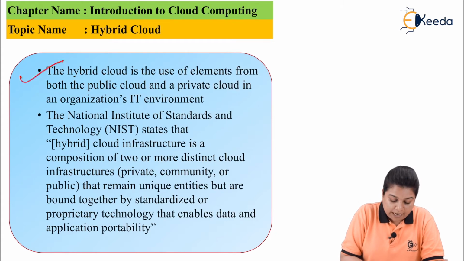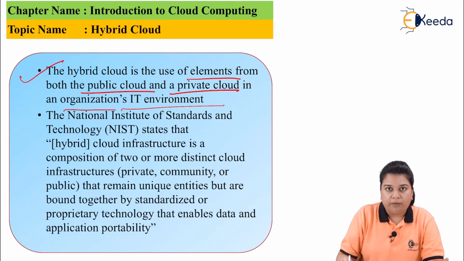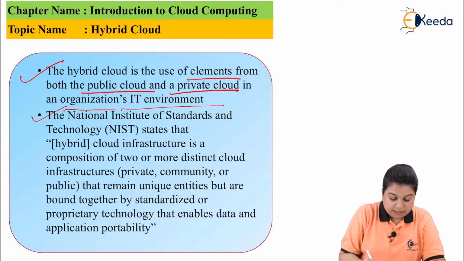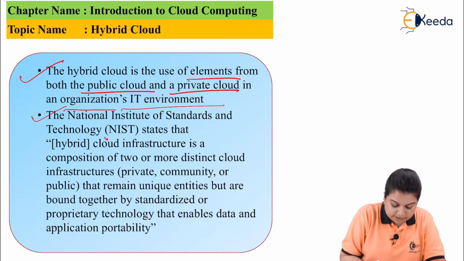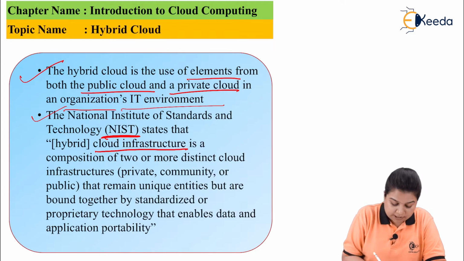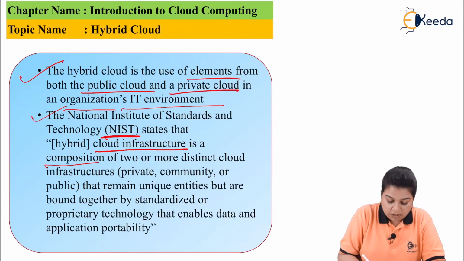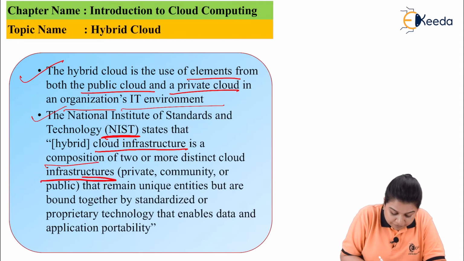Next point is, the hybrid cloud is the use of elements from both public cloud and a private cloud in an organization's IT environment. Next point is the National Institute of Standards and Technology, that is NIST. It states that hybrid cloud infrastructure is a composition of two or more distinct clouds. Now, what is distinct cloud infrastructure?